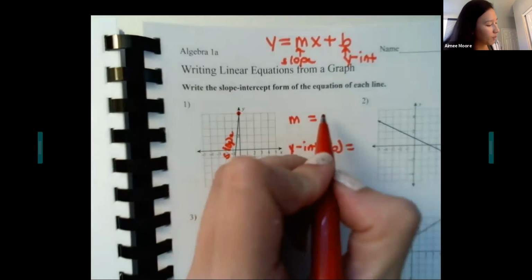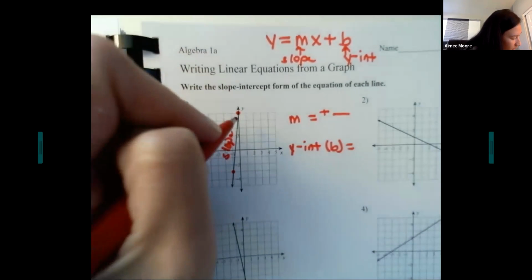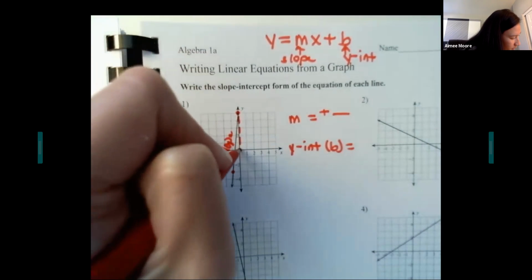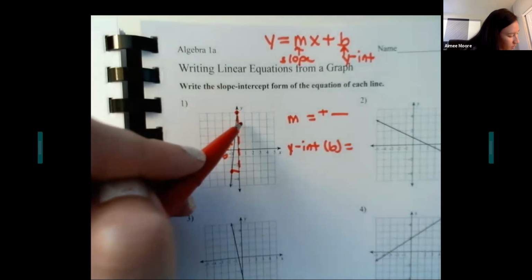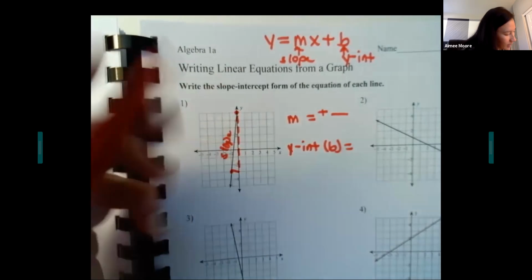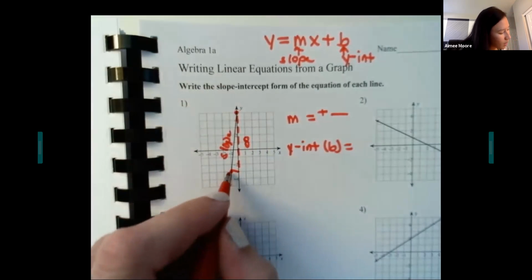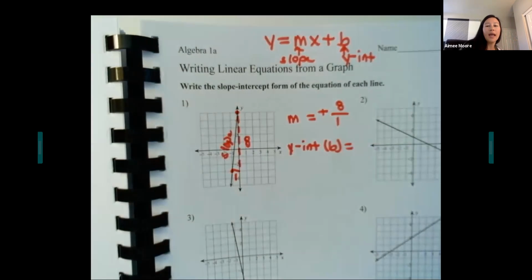Since it's going up, we know it's a positive slope. And then we draw our slope triangle. And then we count our rise and run. 1, 2, 3, 4, 5, 6, 7, 8. And then our run is 1. So our slope is 8/1. Any questions on the slope?